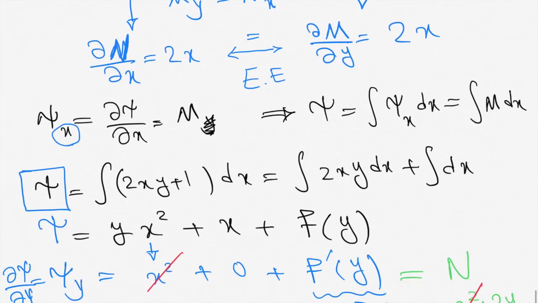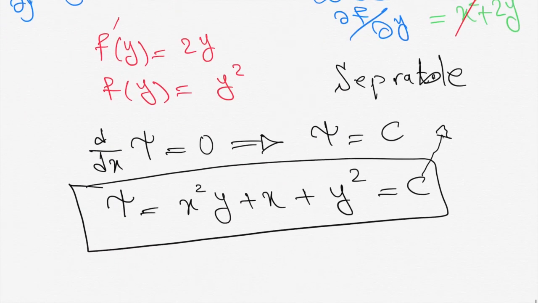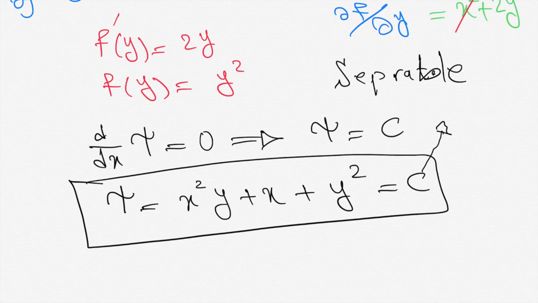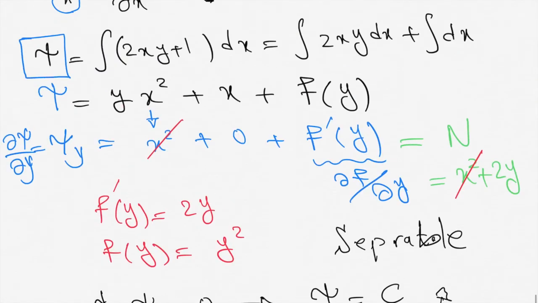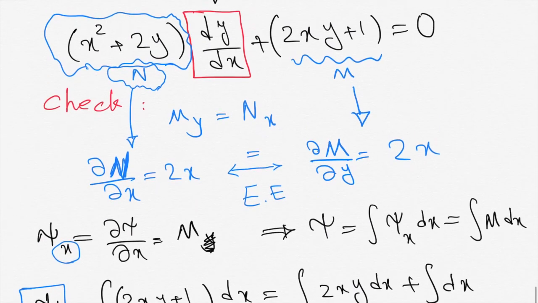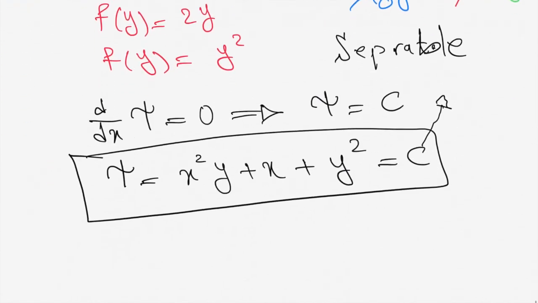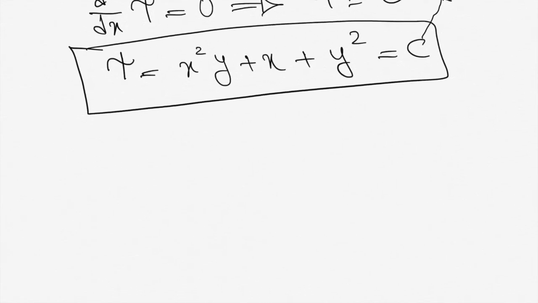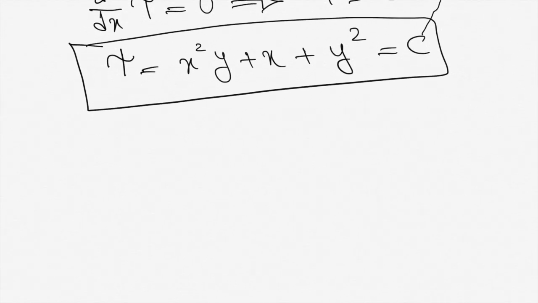And because of this guessing about y prime, we could find a solution based on the exact equation form. So now there is this condition that maybe it is not exact. What if it is not exact?